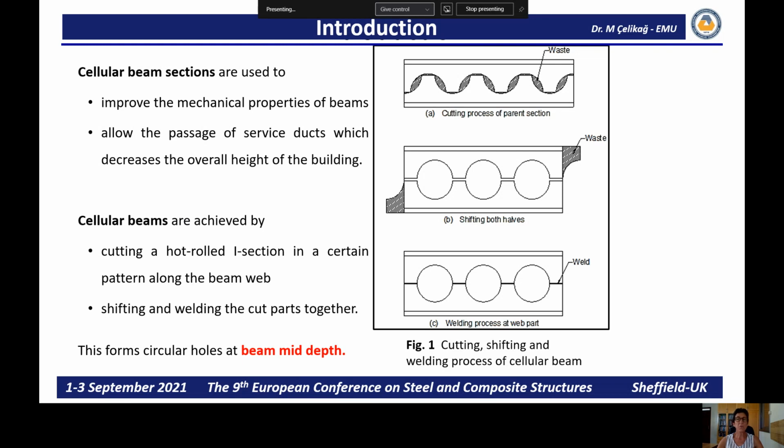For those who may not be familiar with this built-up beam, cellular beams are achieved by cutting a hot-rolled I-section in a certain pattern along the beam web, as shown in Figure 1, and then shifting and welding the cut parts together to form circular holes at beam mid-depth. And hence we can call this symmetric cellular beams.